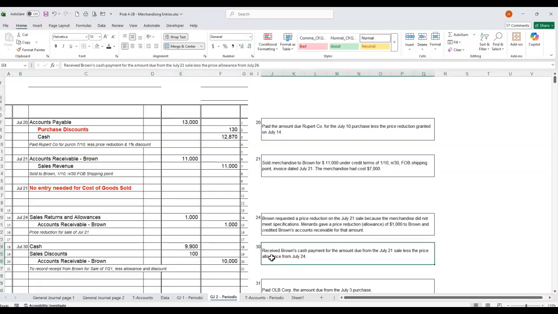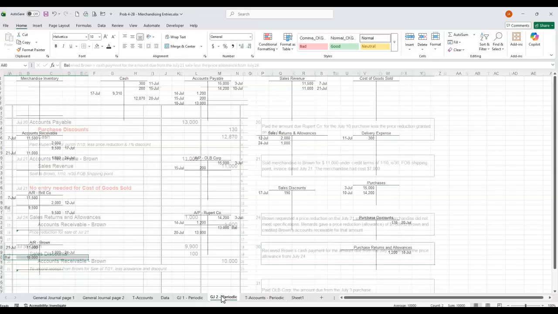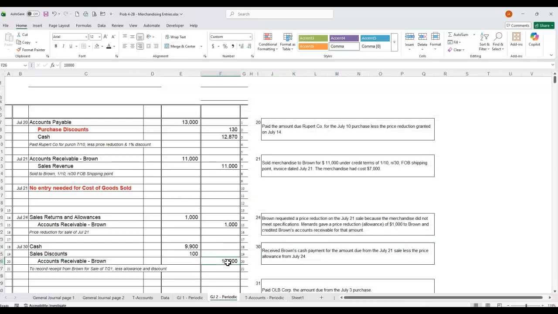We received Brown's cash payment on July the 1st, from the sale of July the 21st, less the price allowance. So it was $11,000 minus a $1,000 price allowance. Let's just look and make sure their balance at this point is $10,000, and that makes sense. So we're going to credit their account for $10,000. It was 1/10, n/30, so 1% discount, so we will give them a 1% sales discount and debit cash for the rest of it.